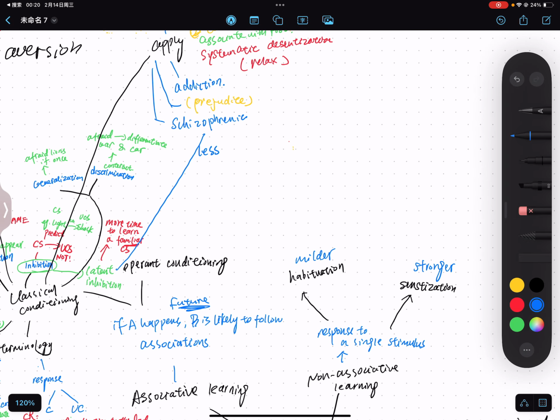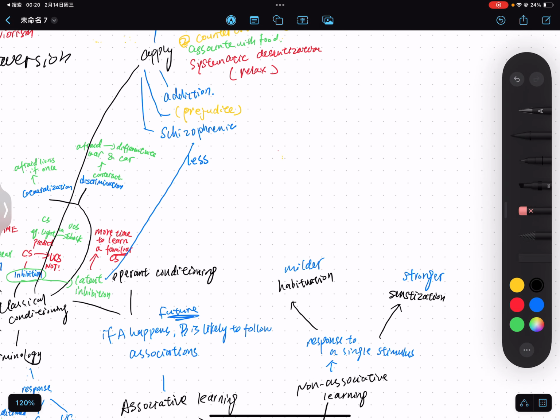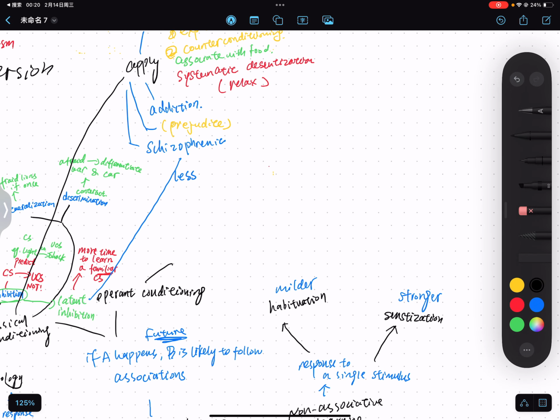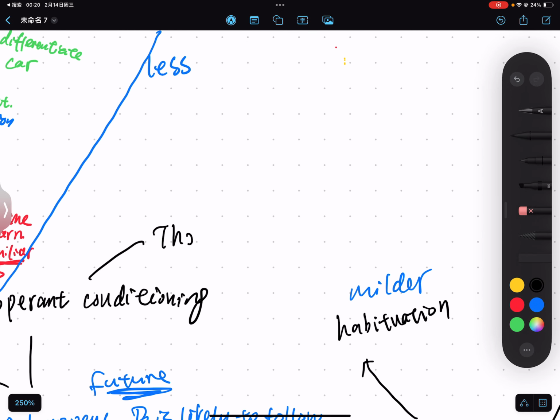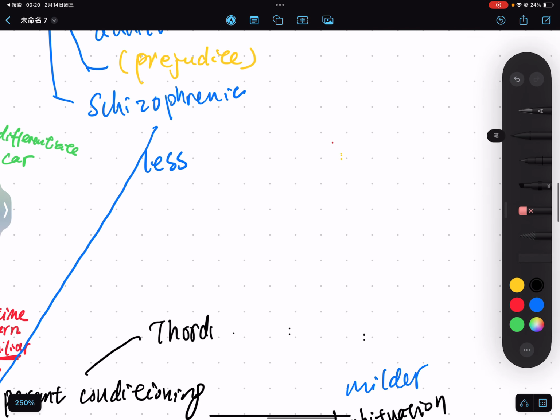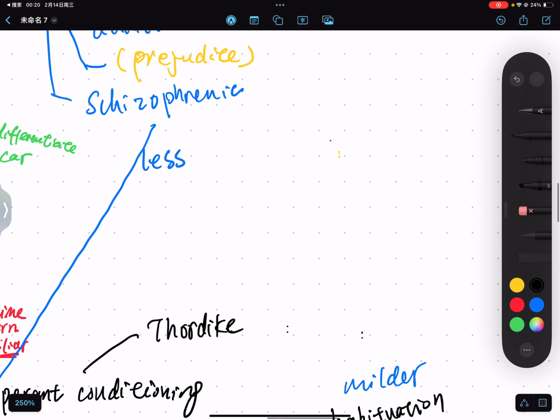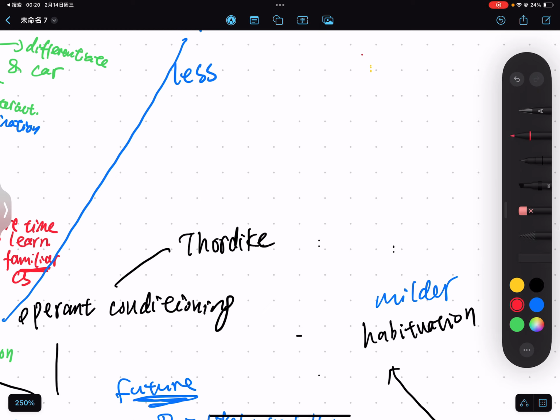Operant conditioning comes from the experiment by Skinner where a rat pulls a bar. This is different from classical conditioning because, one, it is associated with consequence, and second, it is a voluntary behavior.